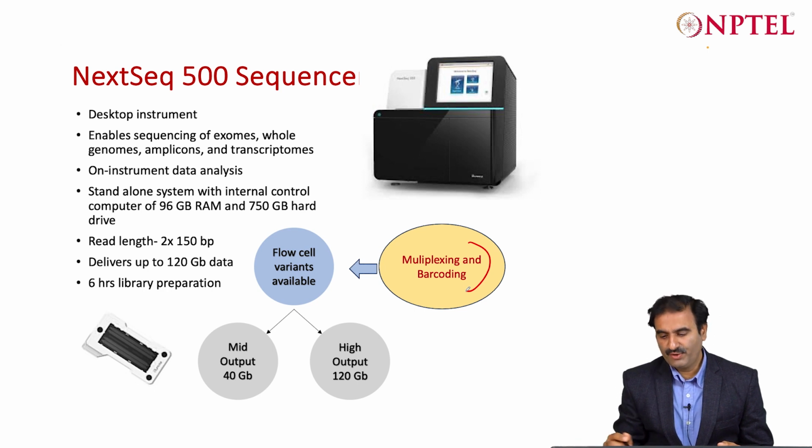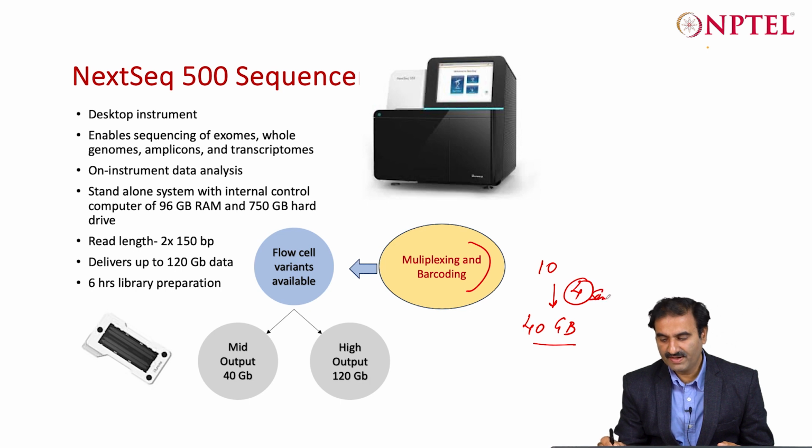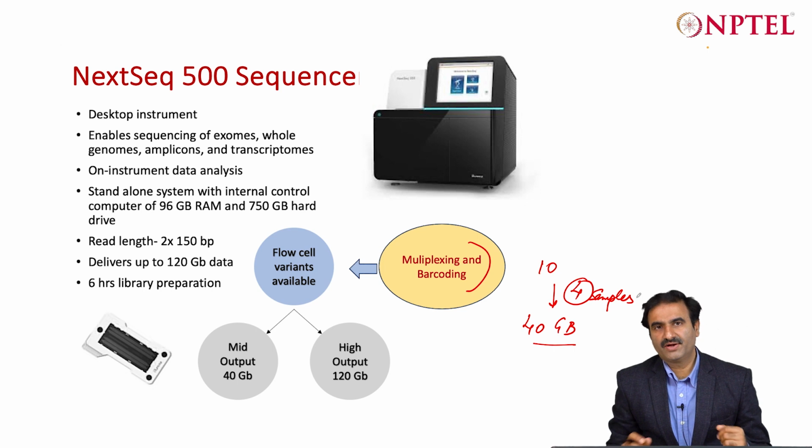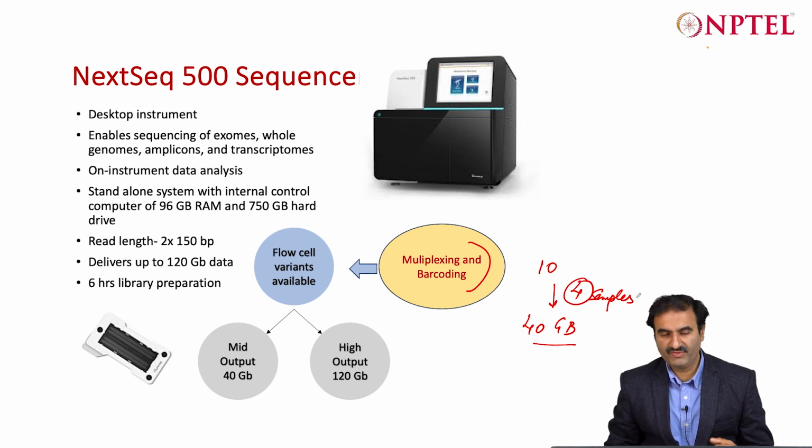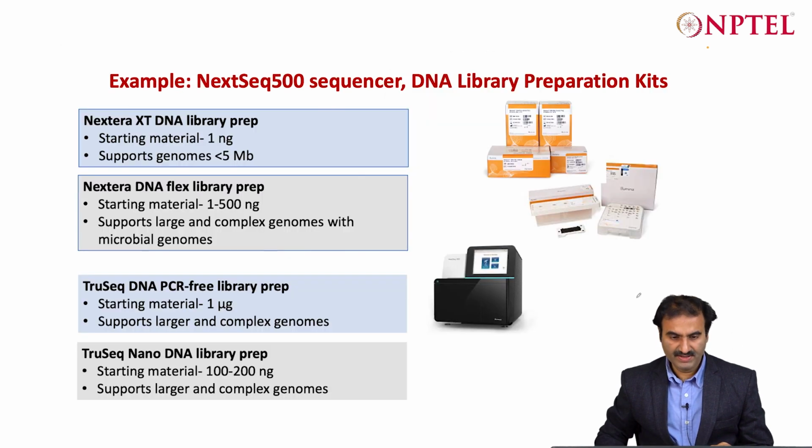If the sequencer can produce a minimum of 40 GB, and you want say 10 GB per sample, you can put 4 samples in this, with different barcodes, and later on you can demultiplex those barcodes, so you don't have to waste the remaining space. You can use multiple samples together.